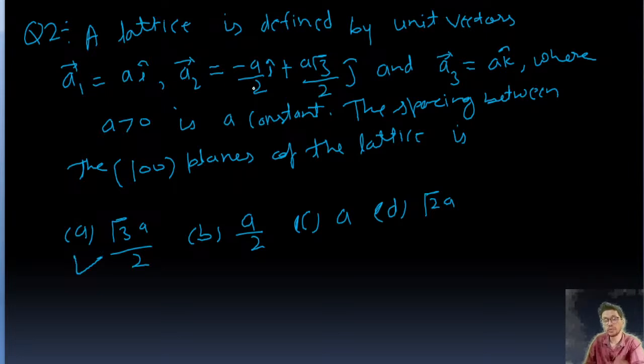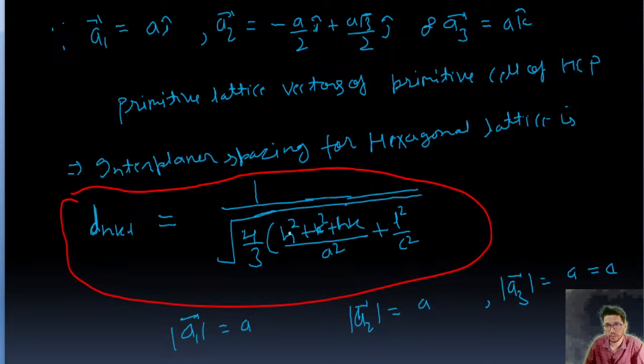So guys, now you need to understand that the primitive lattice vectors are given, and they are of the primitive cell of the HCP structure, the hexagonal close-packed structure. For this structure, the formula for d_hkl, the interplanar spacing, is 1 upon root of 4 by 3 (h square plus k square plus hk) upon a square plus l square upon c square.